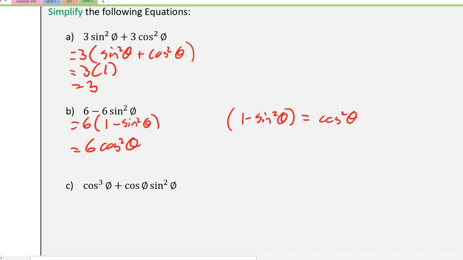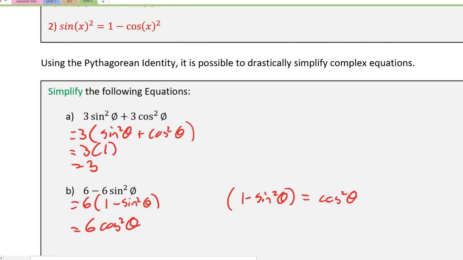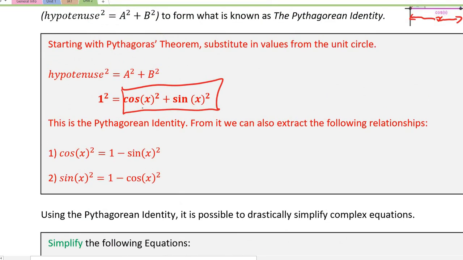Now, is that as simplified as the first one? How do you change sine to cos? So our Pythagorean identity is 1 equals cos squared plus sine squared. So you can rearrange that just by either minusing sine or cos from one side. And you can see that gave us these two rules here.